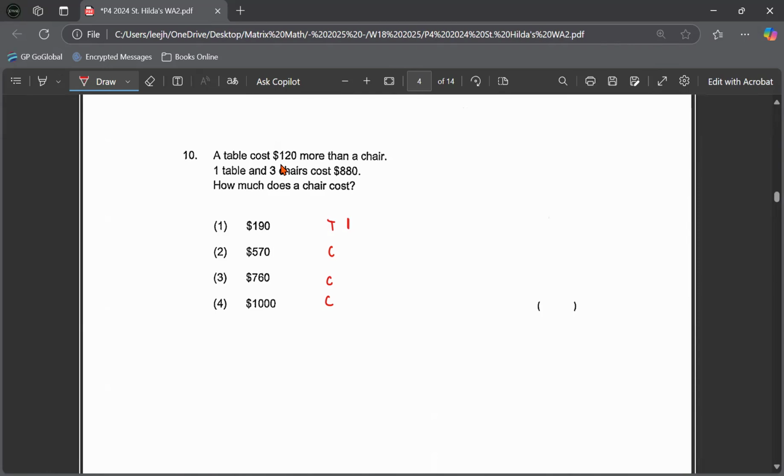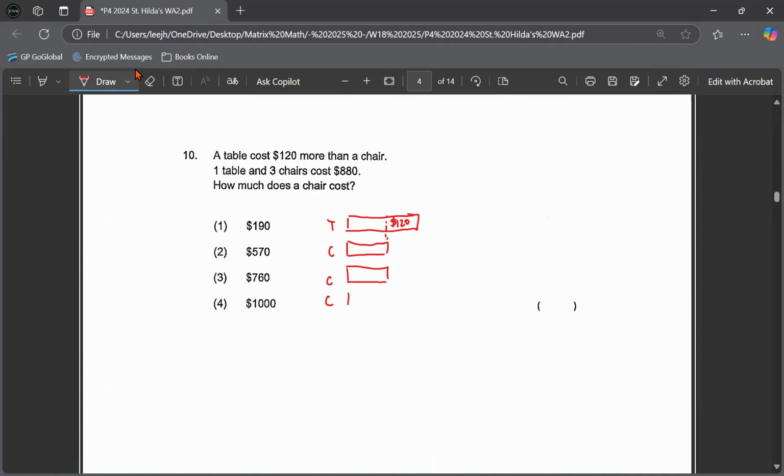And it says a table is $120 more than a chair. So table longer, then the chair, then the difference is $120. So this is also a chair. So it's the same. Sorry, this is a bit shorter. Draw longer.